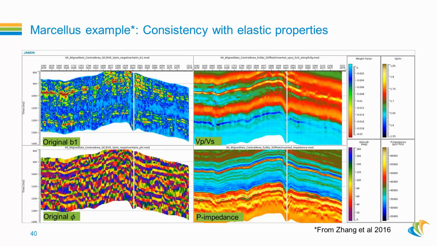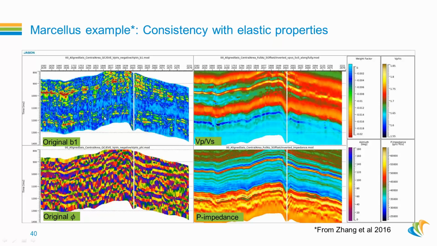Now just an example from a paper which we published at the SEG in 2016. What we see here is the Marcellus shale example. This is courtesy of multi-client from CGG, who allowed us to use these data. There are 4 panels here.